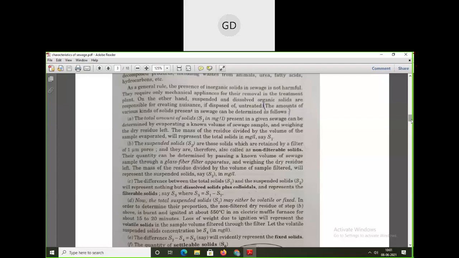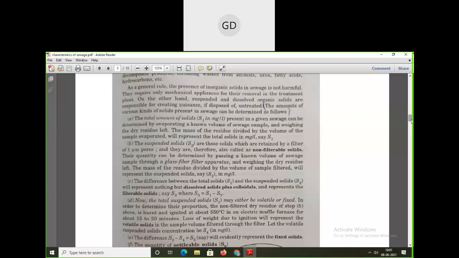I think you have seen these cone-shaped filters. You pass it through the filter and weigh the dry residues left on the filter paper. With the same formula, the mass of the residue divided by the volume of the sample gives the suspended solids. So here you are using a filter paper. Next, you find out the dissolved solids plus colloidals.